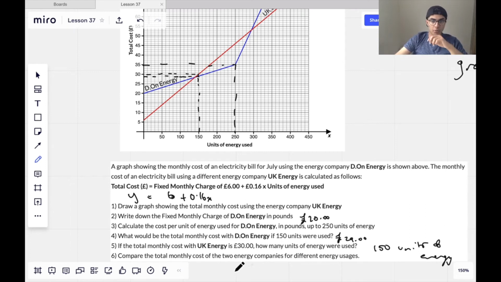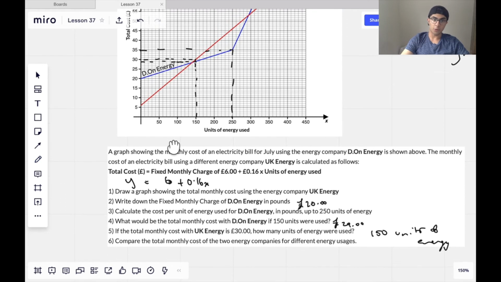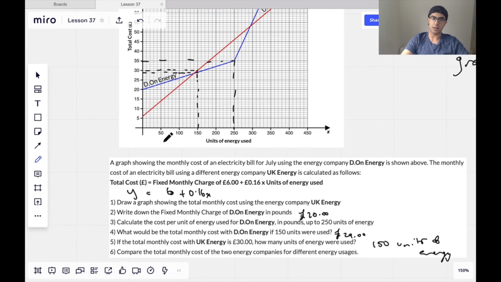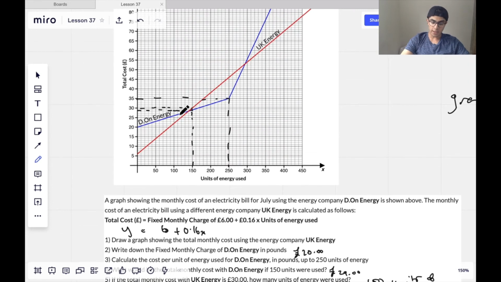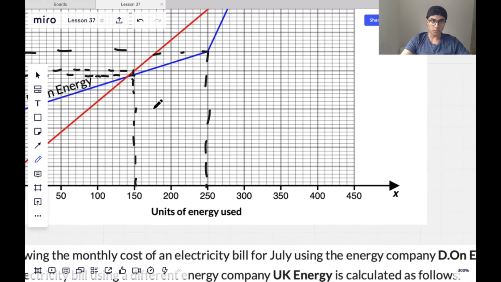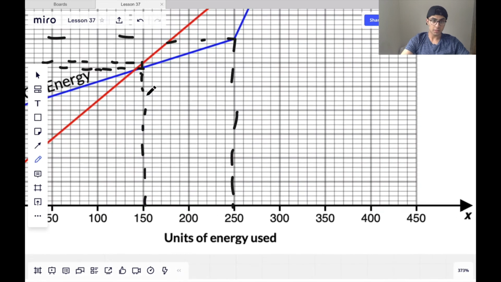Compare the total monthly cost for the 2 energy companies for different energy usages. Basically, when it asks you to compare, all you have to do is say which one's greater and which one's smaller. So you can say, since D-ON Energy is above the UK Energy line up until, where do they intersect?